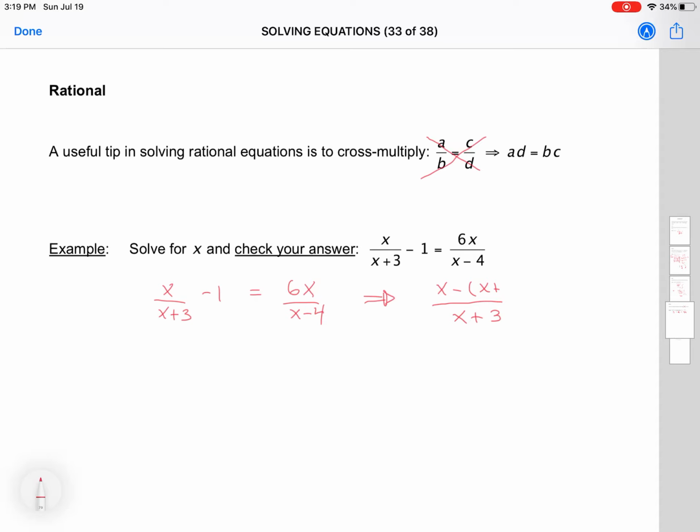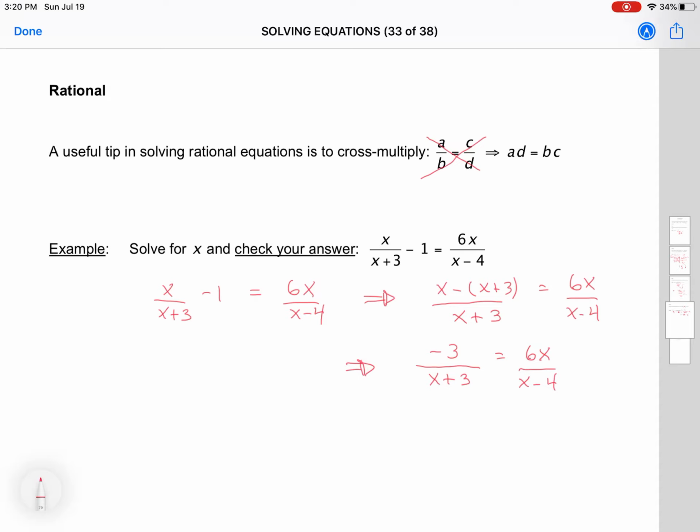So that's x minus, well, this is over 1, so I guess it's times x plus 3. And the right-hand side for now is what it is, 6x over x minus 4. So that will give us what? X minus 3 is minus 3 over x plus 3.